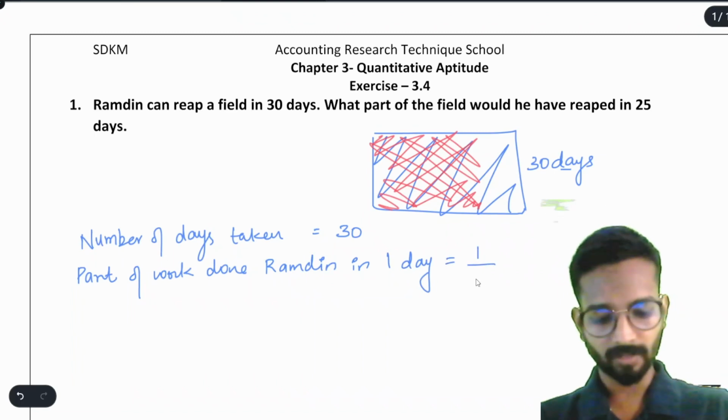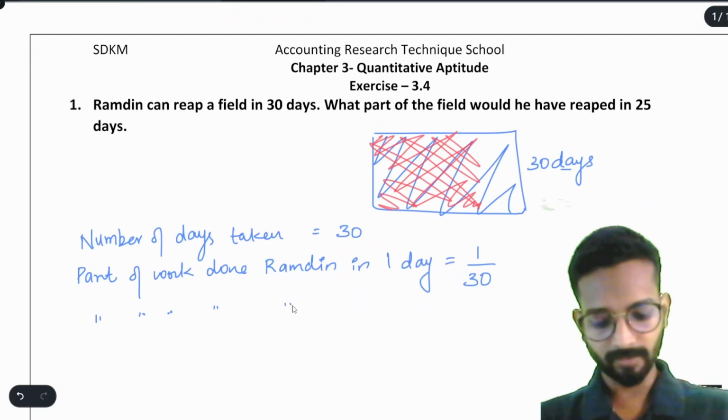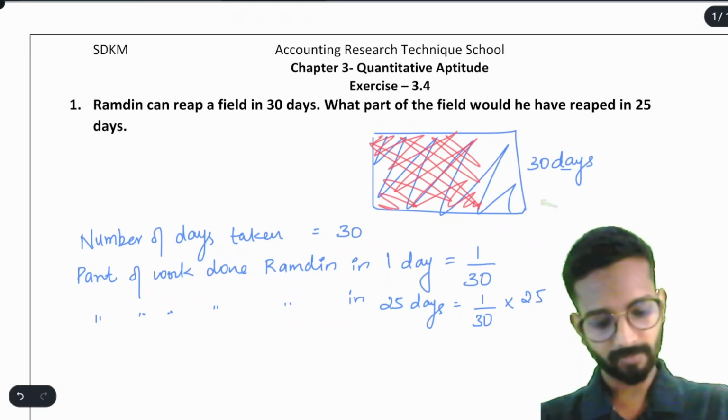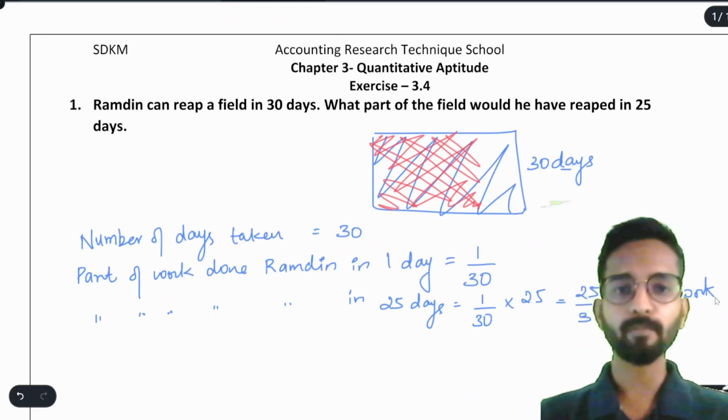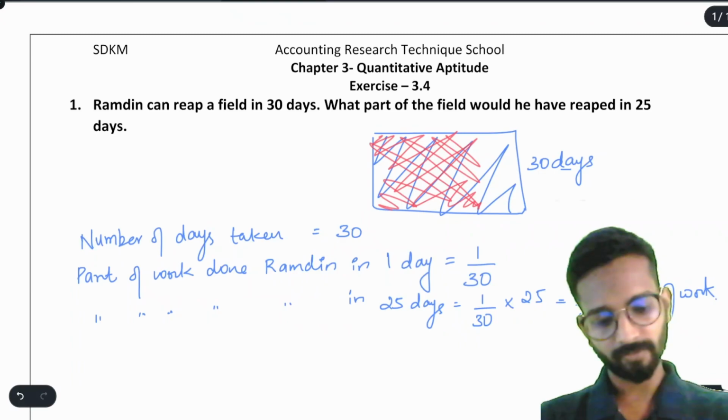One day is how much? 1 by 30. So now part of work done by Ramadeen in 25 days is how much? 1 by 30 into 25. So it will be 25 by 30, that is 5 by 6th of work. 5 by 6th of work can be completed in the period of 25 days. Simple enough. Now moving to the next question.